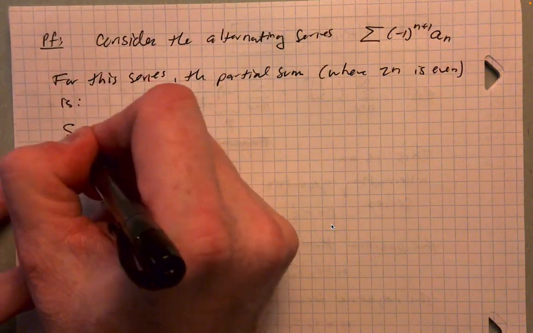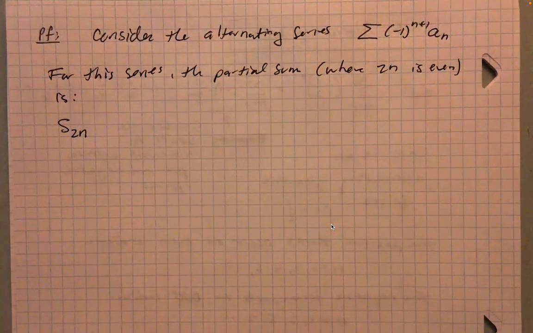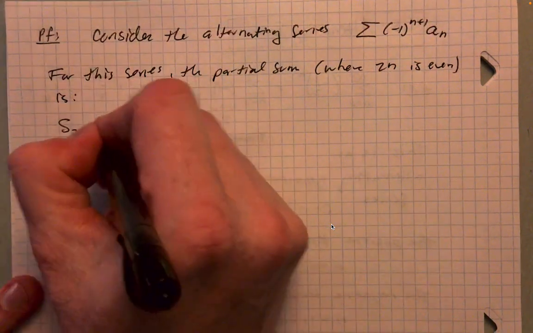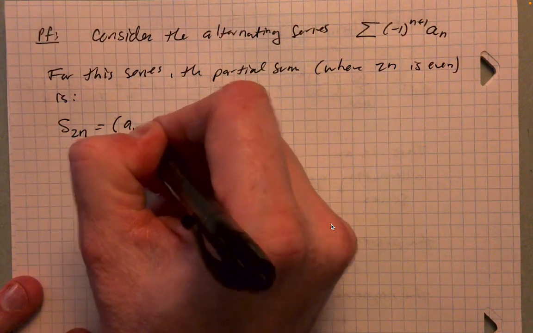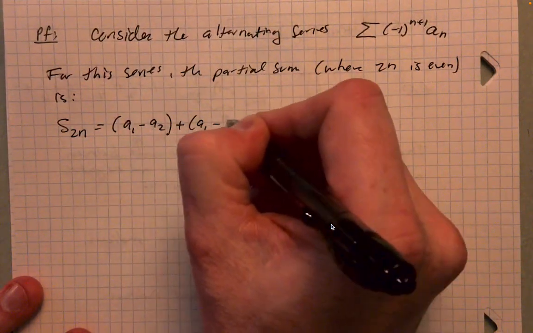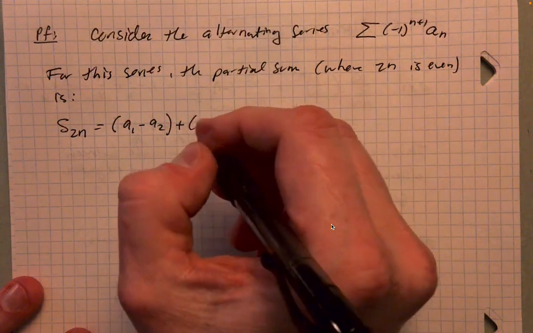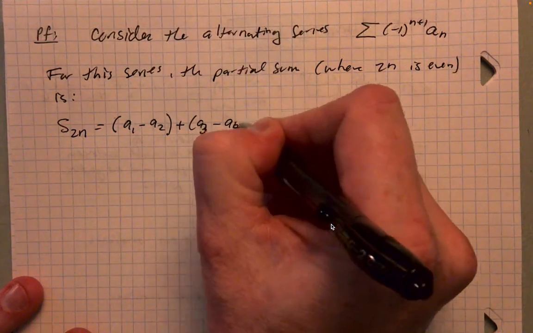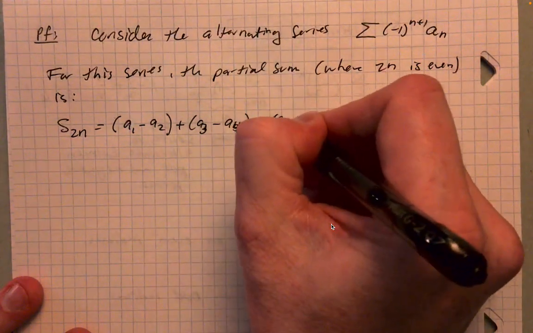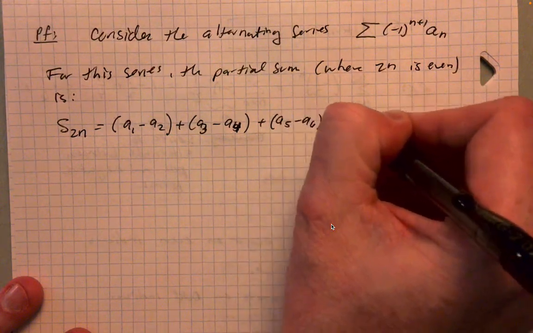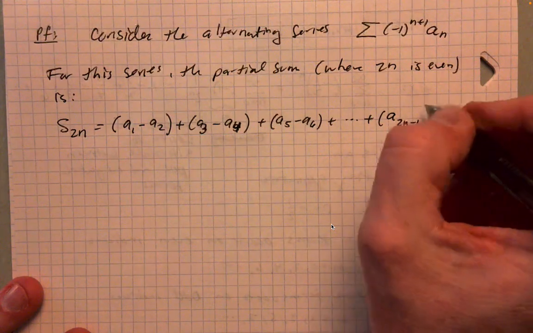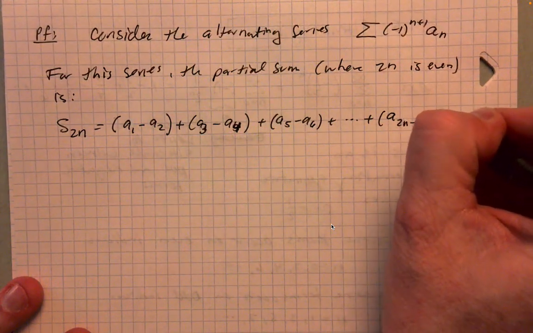So if we have s of 2n, this is going to be equal to (a1 minus a2) plus (a3 minus a4) plus (a5 minus a6) plus dot dot dot plus (a of 2n minus 1 minus a of 2n).